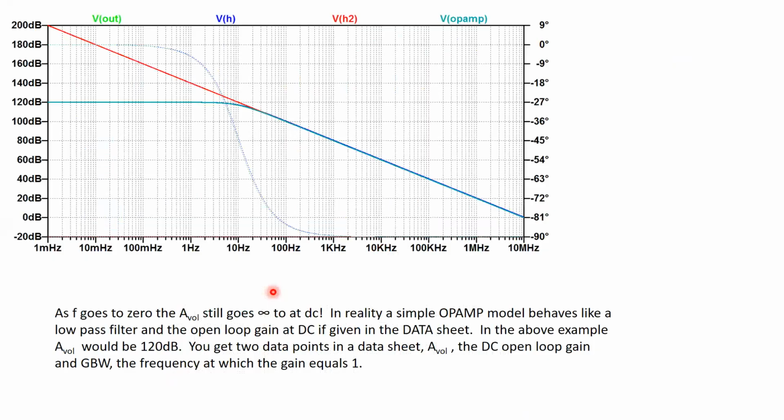So as F goes to 0, the open loop gain on the red line, yeah, it tends to go to infinity, but that's when there's no resistor with it. That's when it's just a pure integrator model. So it might not work as a great model at these very low frequencies, but you know, a millihertz signal is a very slow signal.